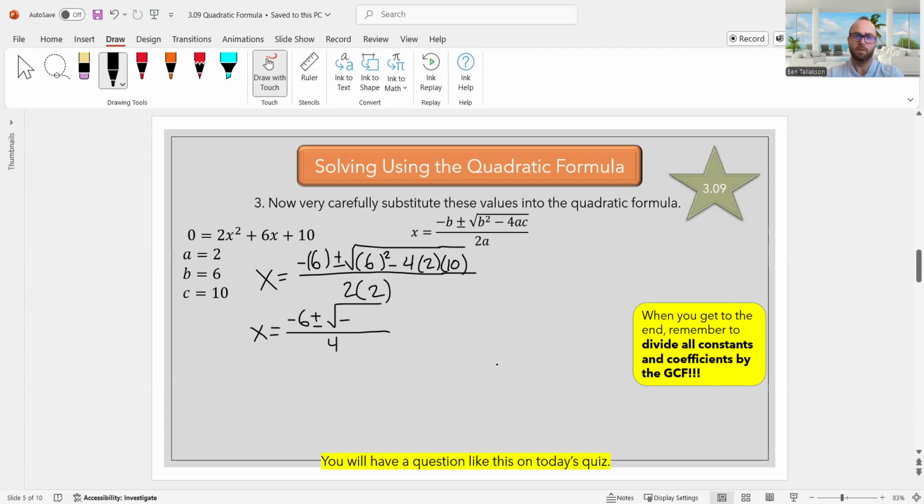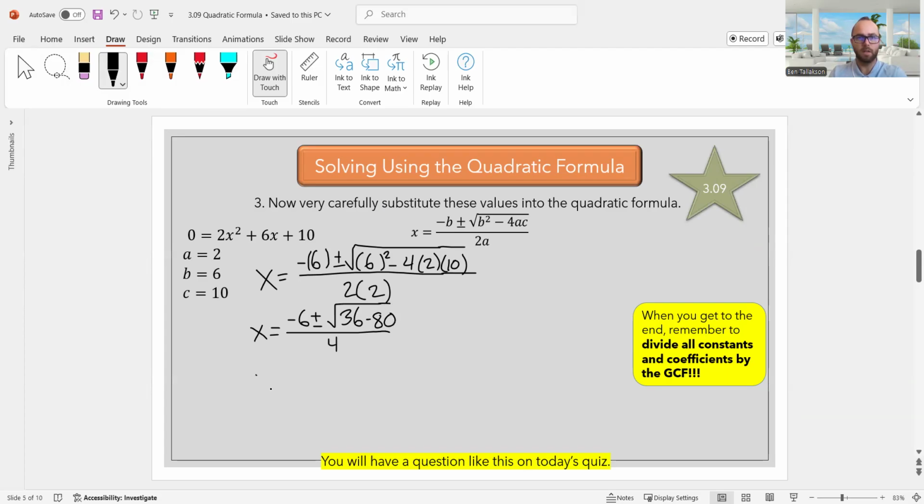Let's see. We have 36. Let's just do it one step at a time. We have 36. And then we have negative 4 times 2. So negative 8 times 10, negative 80.